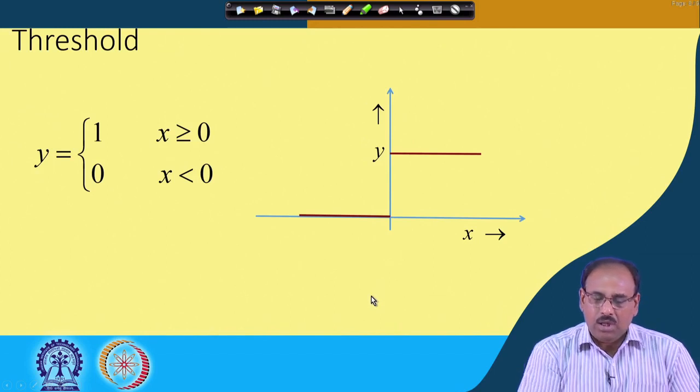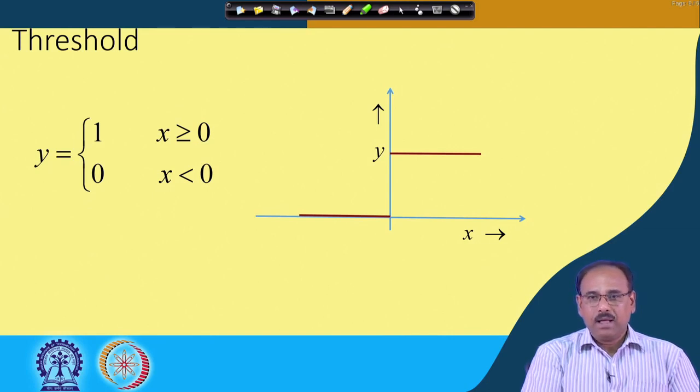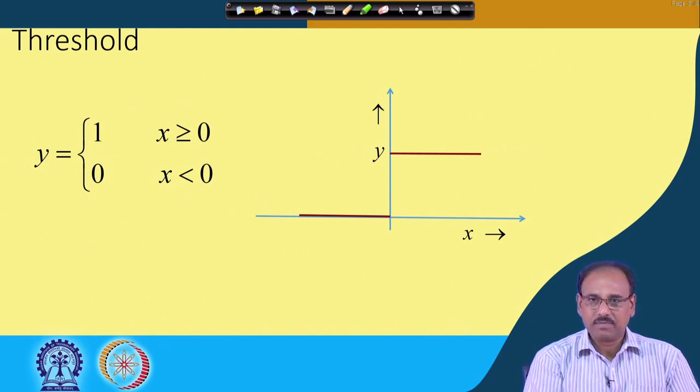Okay. So it is quite clear that when I have a linearly non-separable problem, I have to have a nonlinear mapping of the feature vectors from one space to another space. And in most cases, this mapped space is of higher dimension than the original space.